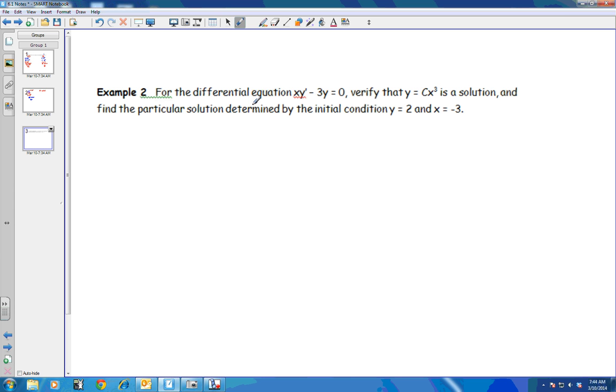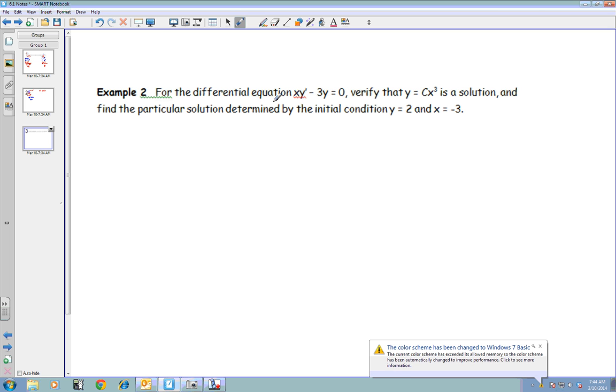So in class, we're going to talk more about what a particular solution means and what that looks like. And we're going to talk more about that when we talk about slope fields. So for right now, I just want you to get used to seeing if our solution is the equation that they give us, if it's a solution to that differential equation.